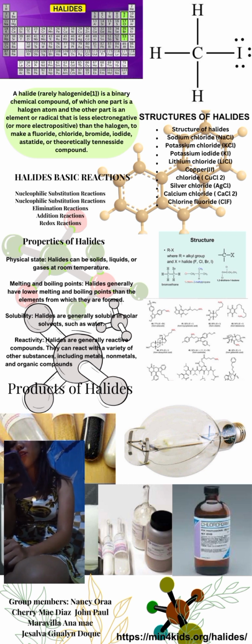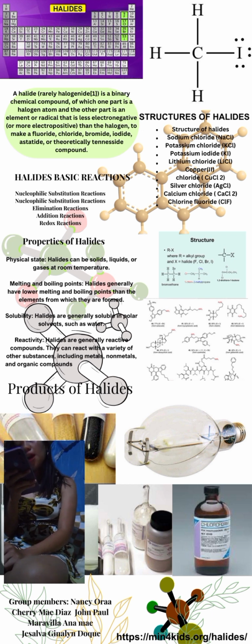However, some general properties of halides include physical state: halides can be solids, liquids, or gases at room temperature. Melting and boiling points: halides generally have lower melting and boiling points than the elements from which they are formed. Solubility: halides are generally soluble in polar solvents such as water. Reactivity: halides are generally reactive compounds.